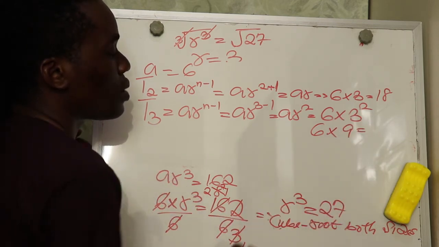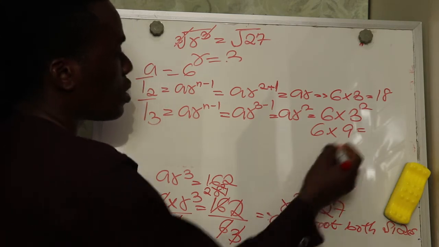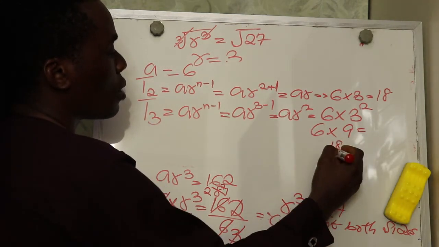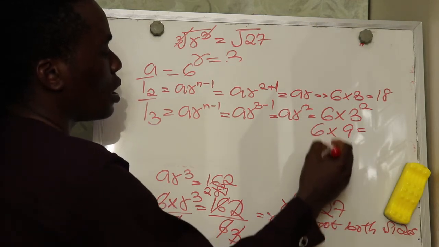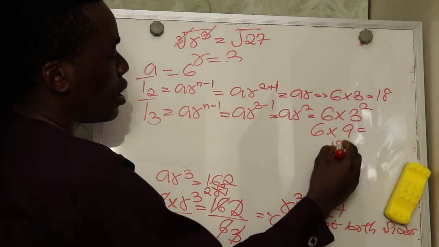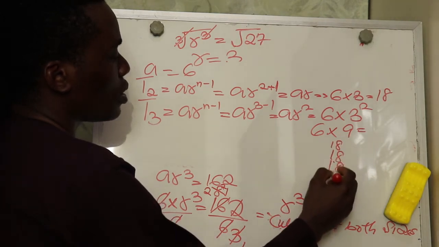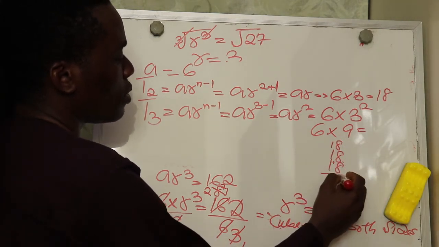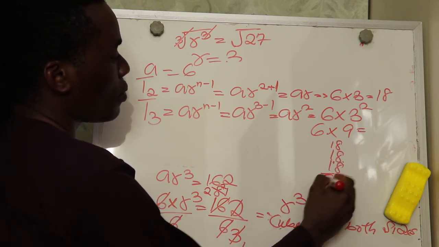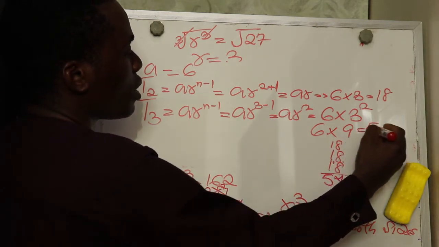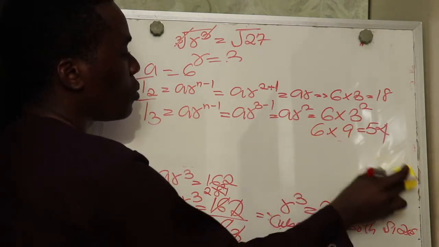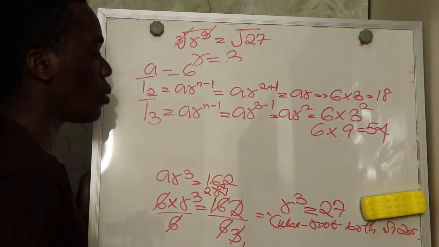So 6 times 9 will give us 54. Remember, you are doing this because in JAMB, you will not be required to use your calculator.